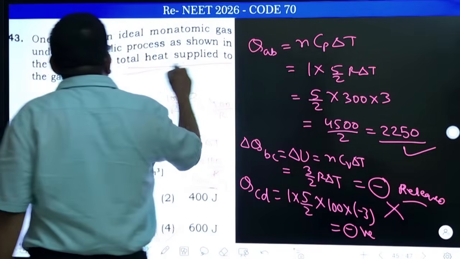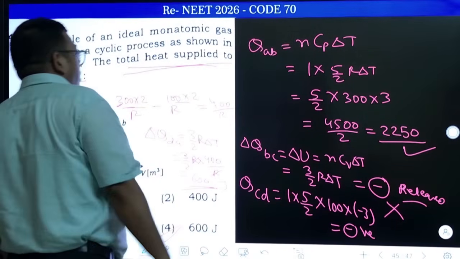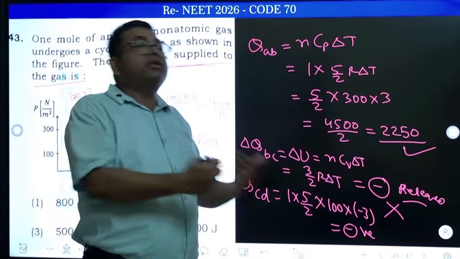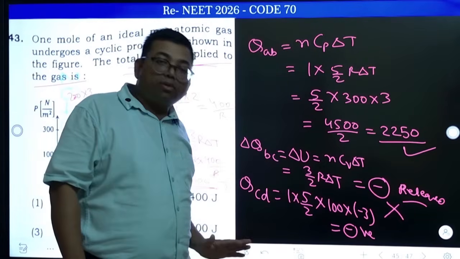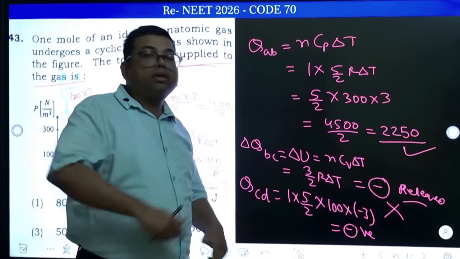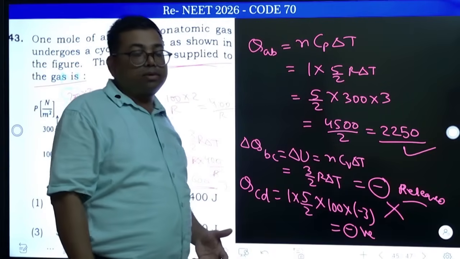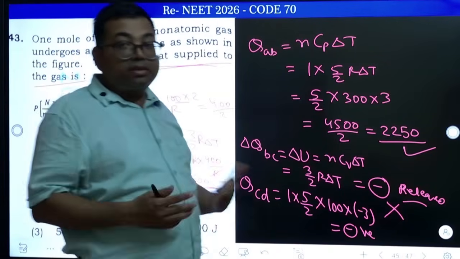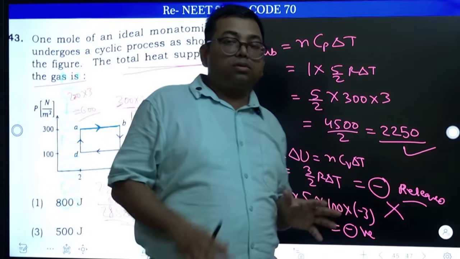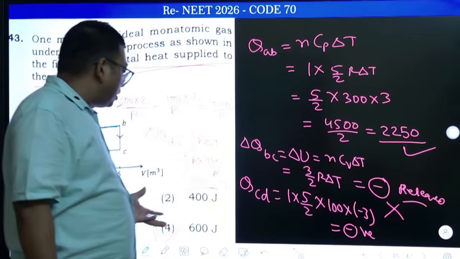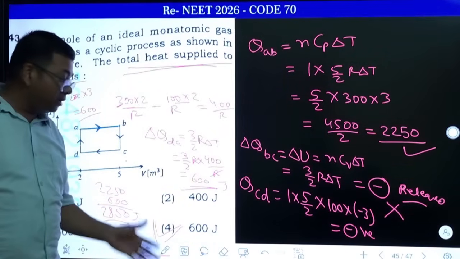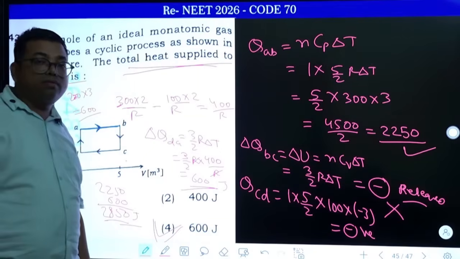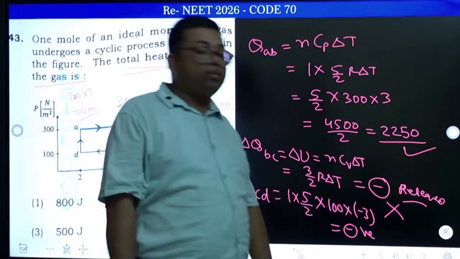When they say total heat supplied to the gas, that means total heat given to the gas. You have to calculate only the heat input, only the positive heats, not the total heat change, because there will be some heat released that you should not count. But here they have calculated the total heat for the entire cycle, which is just the area under this graph. So NTA has confused itself.